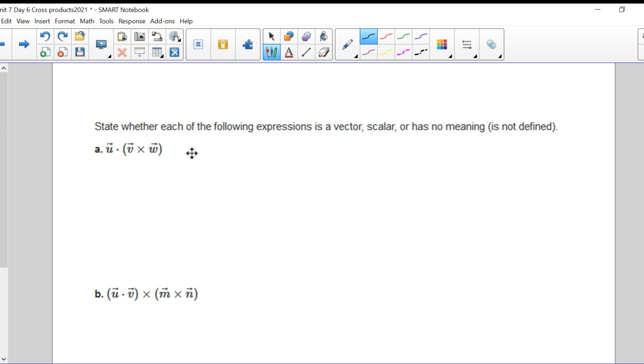Or does anybody think it can't even be done? Sarah is not even going to go near that bus. She's saying, no, this is a scalar vector if it's a cross product. Interesting. So I've got more people saying vector. Only one person is saying scalar, and there's nobody thinking that it can't even be done.